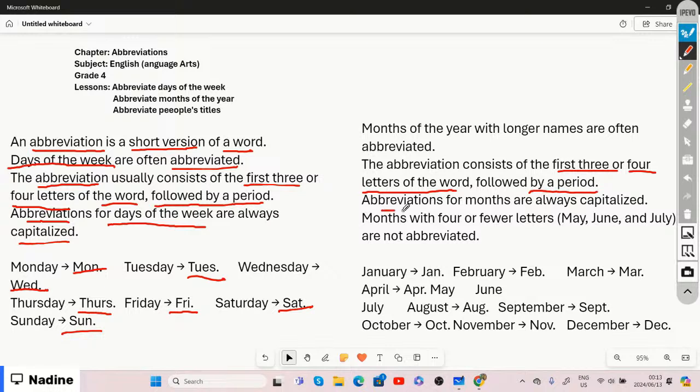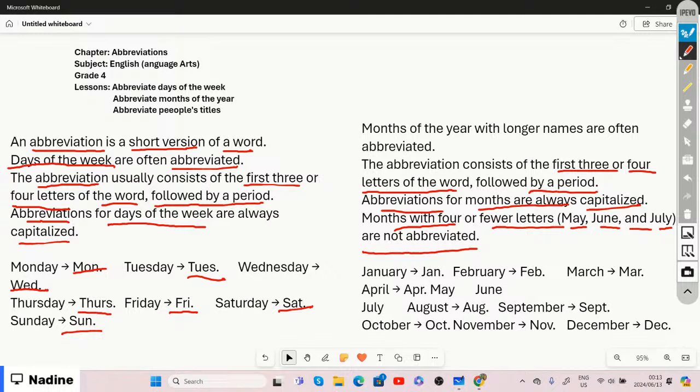And we also abbreviate months of the year, and it needs to be capitalized. And then months with fewer letters, right? If it has four letters or fewer than four, like May, June, and July, they should stay the same, and we are not abbreviating those words because they are short words already.